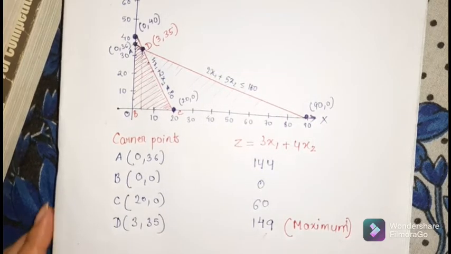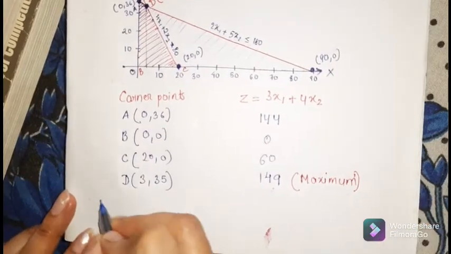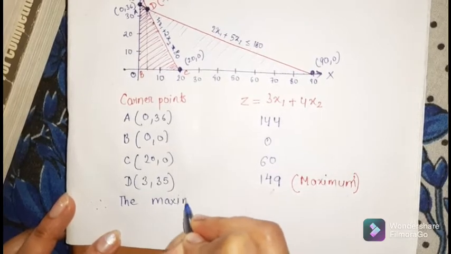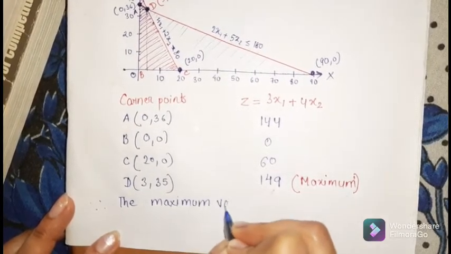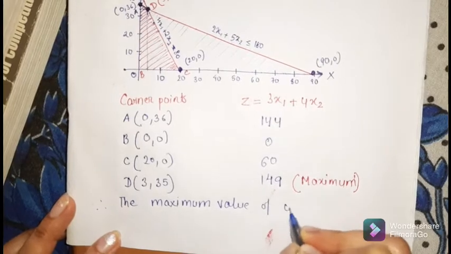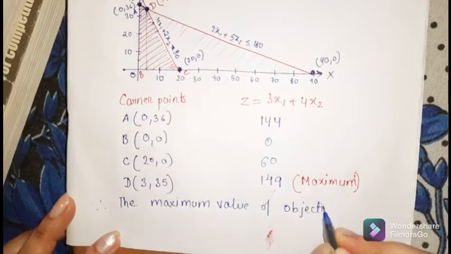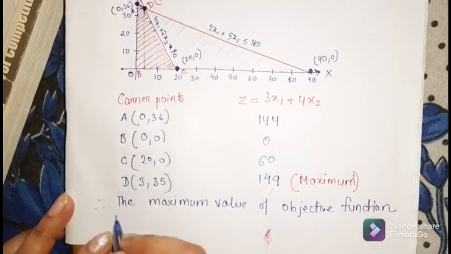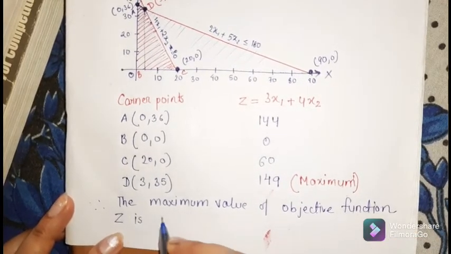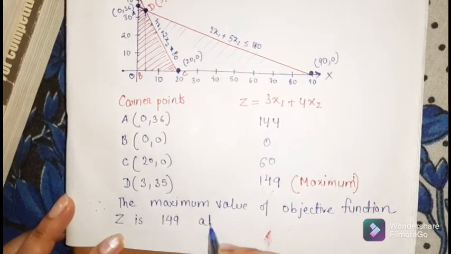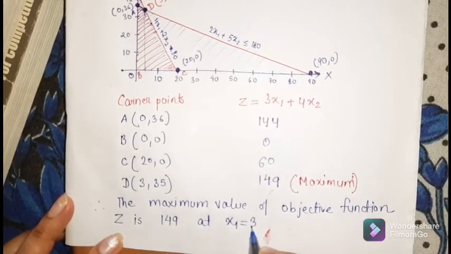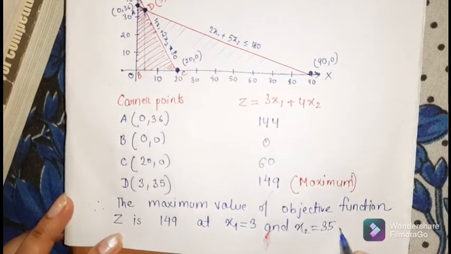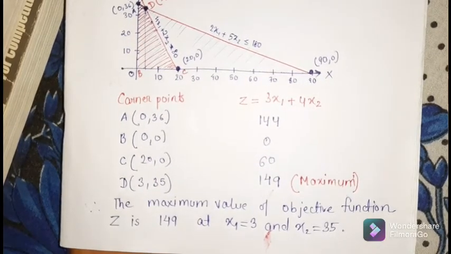So at last you write, therefore the maximum value of the objective function z is 149 at x1 equals 3 and x2 equals 35.